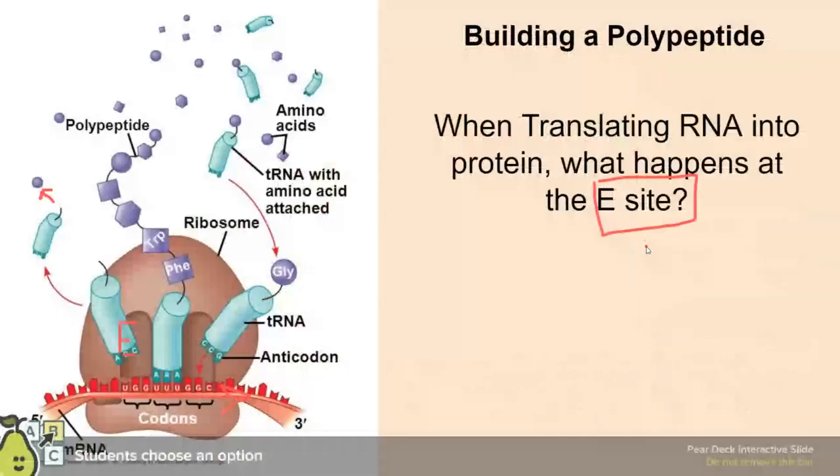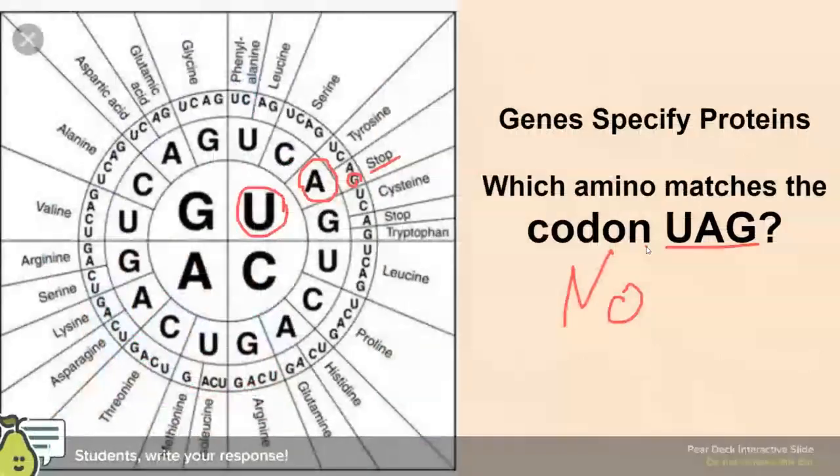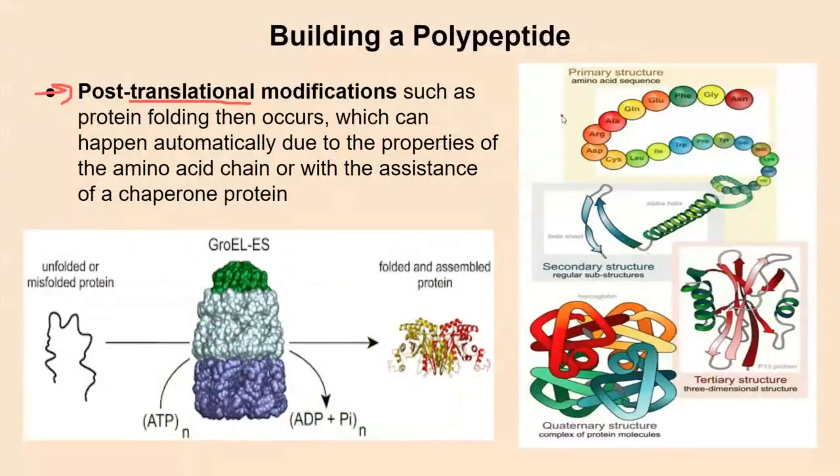But if I'm talking about post-translation, I'm talking about proteins. Now, the main kind of post-translational modification is folding. And we already talked about folding when we talked about proteins in Unit 1. There is a primary structure, which is just the sequence of amino acids. And due to the sequence of amino acids, we have a secondary structure, which is the basic folding due to the characteristics of those amino acids.